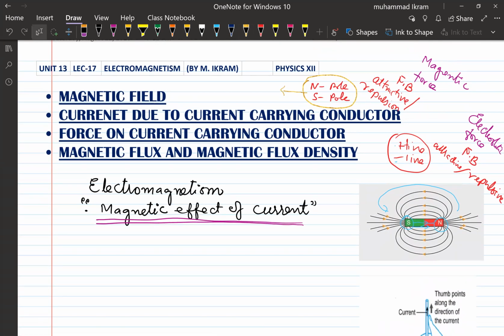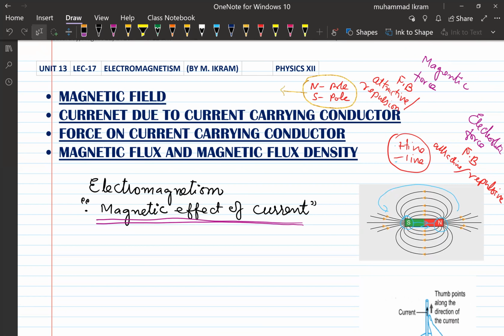Magnetism is even the oldest science. And if you look in your book, there might be a little bit of history of magnetism also, how it was discovered. Most probably it was a kind of mineral rock called lodestone, which had this magnetic effect, that the lodestone was found to attract iron or other magnetic substances towards itself, right?